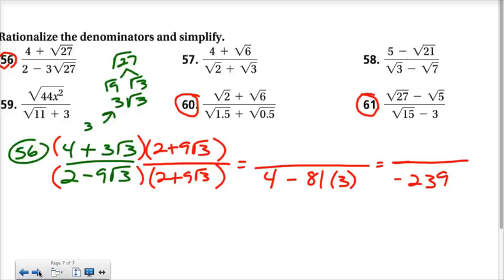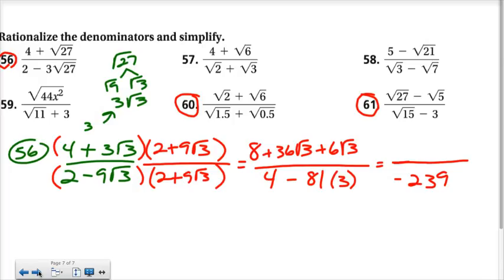So then we need to do FOIL on our numerator. First times first will give us 8. Outside times outside is 4 times 9 square roots of 3. That's going to be 36 square roots of 3. Inside times inside, 3 square roots of 3 times 2 will be 6 square roots of 3.